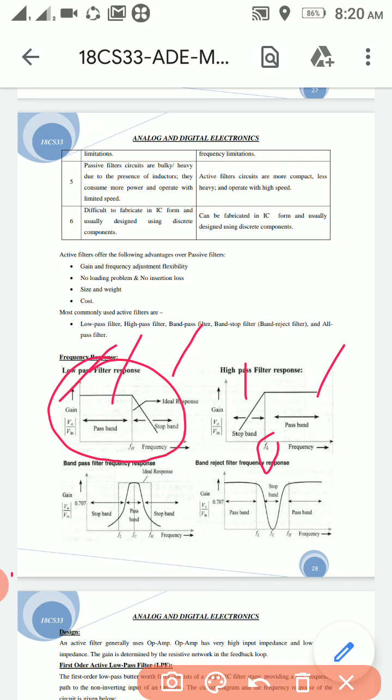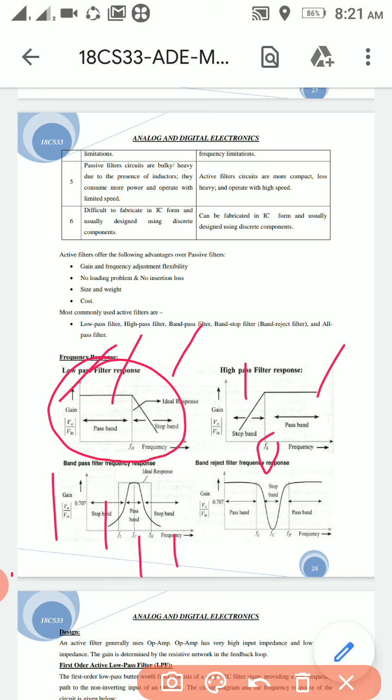In the band pass filter frequency response, the graph is plotted with frequency along the x-axis and voltage gain along the y-axis. But here there are three regions. The frequency less than FL is a stop band, the frequency between FL and FH is the pass band, and the frequency greater than FH is a stop band.